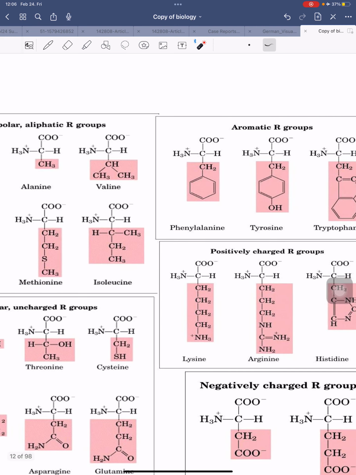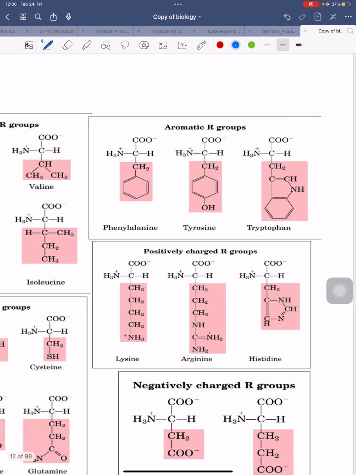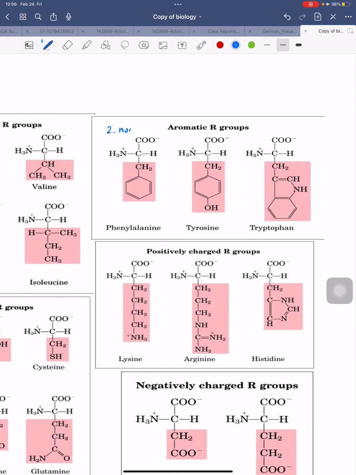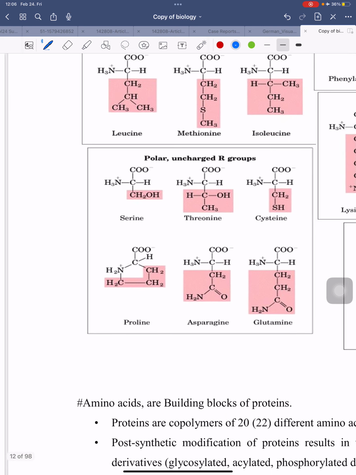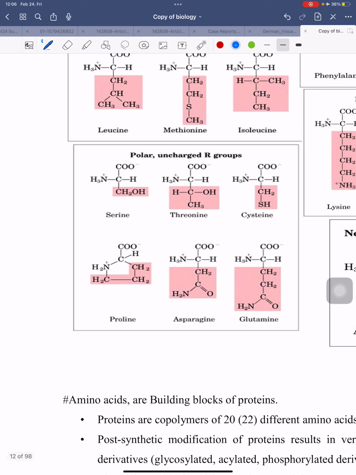The second group is again non-polar, and it is the aromatic group, for example phenylalanine. Tyrosine is more polar compared to phenylalanine, and then tryptophan. The third group is the polar uncharged R group, which can have oxygen, nitrogen, or sulfur SH in the group.